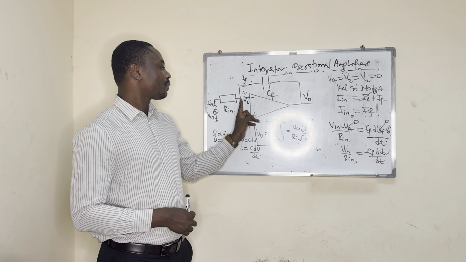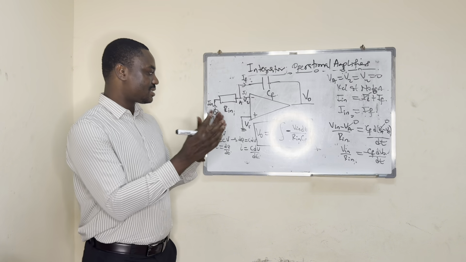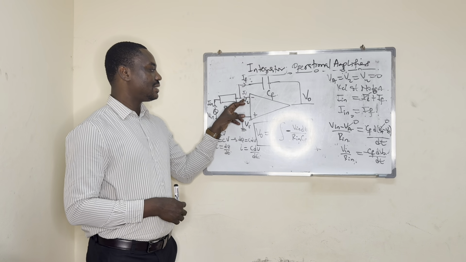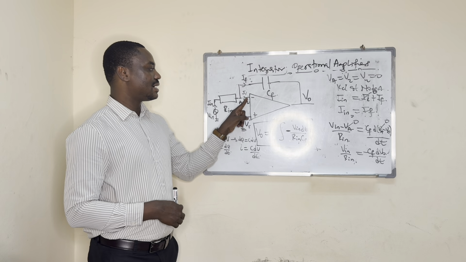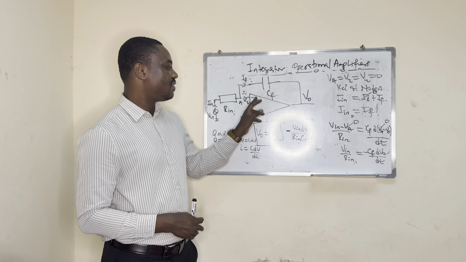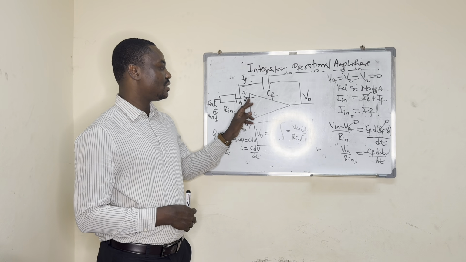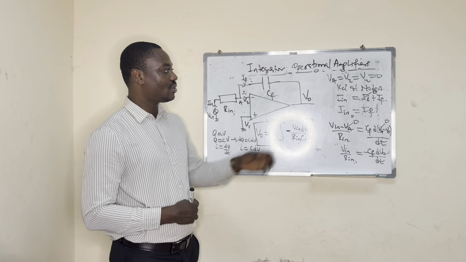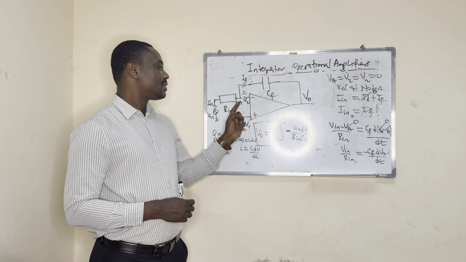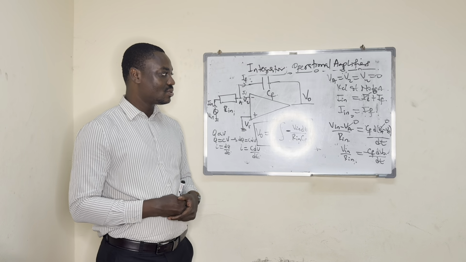Then you have node A, which is the interconnection or junction where two or more components are connected, and it's also connected to the inverting terminal here. There we label V2, and we know V2 is 0 because of virtual ground, because V1 is grounded. Then as a result, VA also becomes 0, meaning the voltage at node A is also 0.